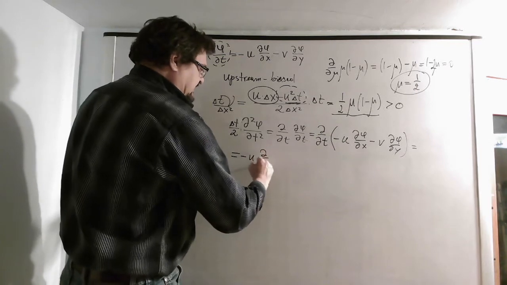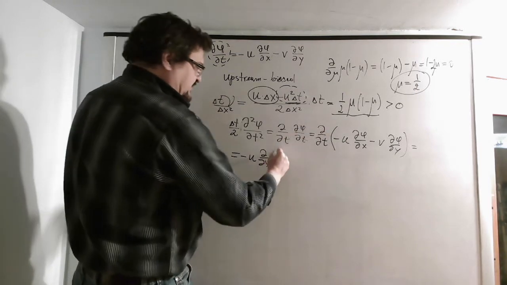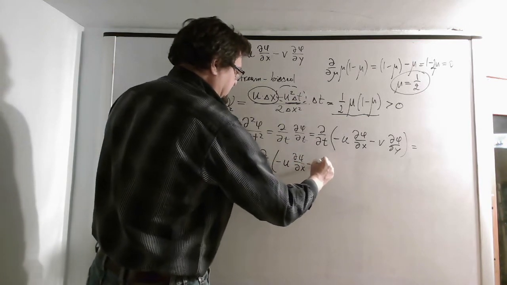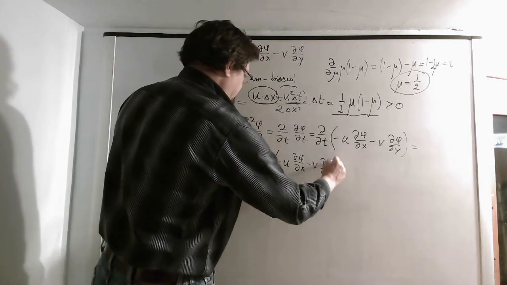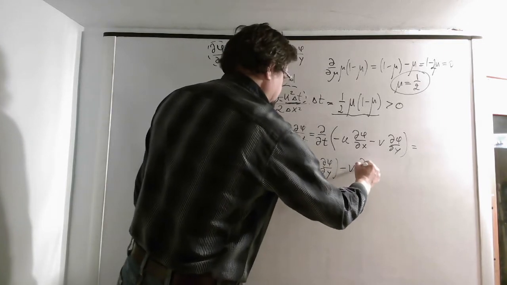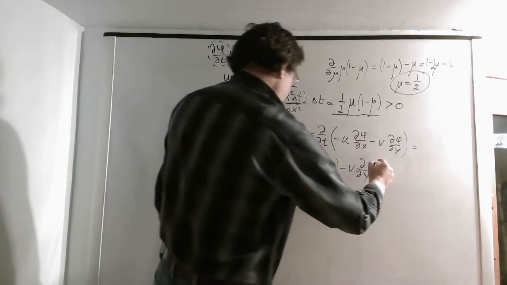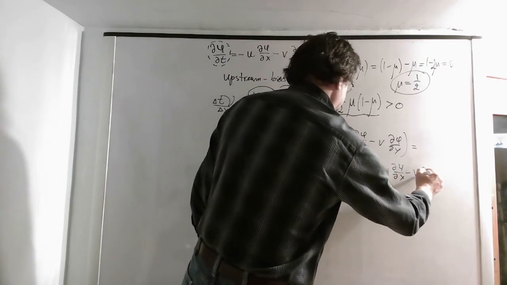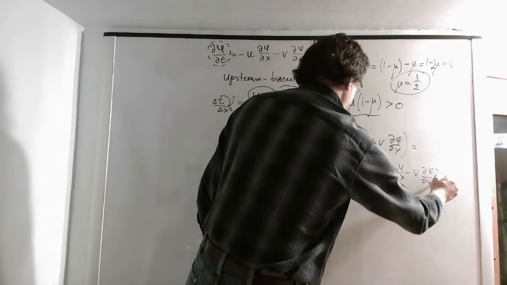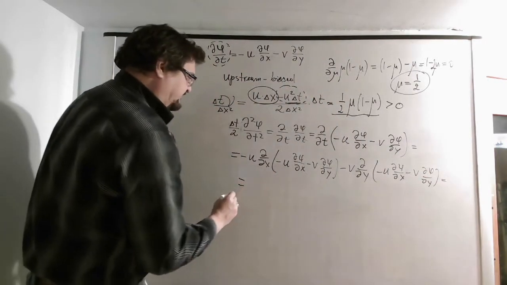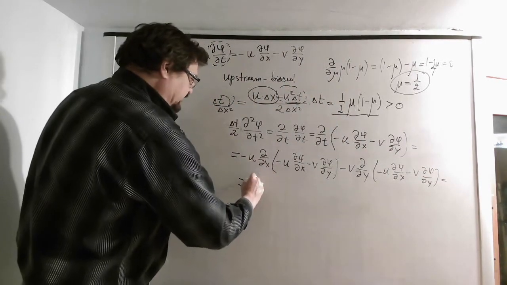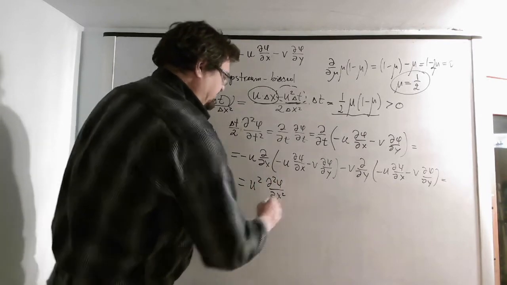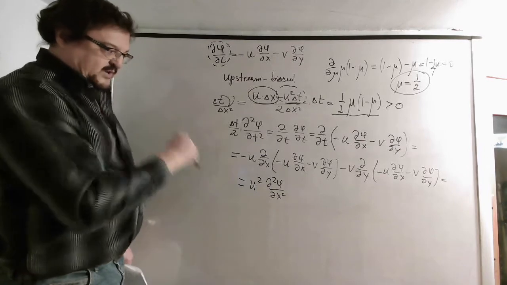We have d dx and again d phi dt, which we again replace with minus u d phi dx minus v d phi dy, and minus v d dy of minus u d phi dx minus v d phi dy. Now combining terms, minus minus becomes u squared, second derivative of phi in x squared. This is exactly the term that we got before in the case of one dimension.